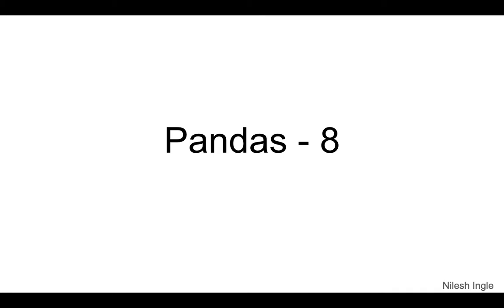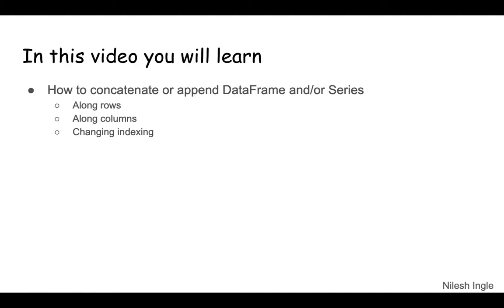I'm Nilesh and today we are going to continue learning about pandas. In this video, you learn how to concatenate or append a data frame, or how to append a series to a data frame, or how to append series together to create a data frame.